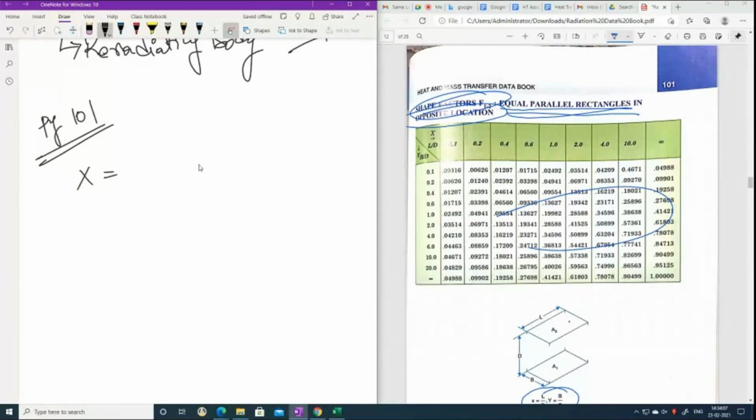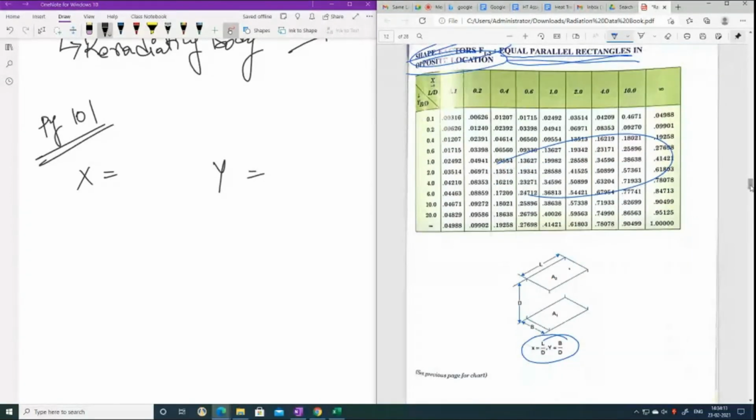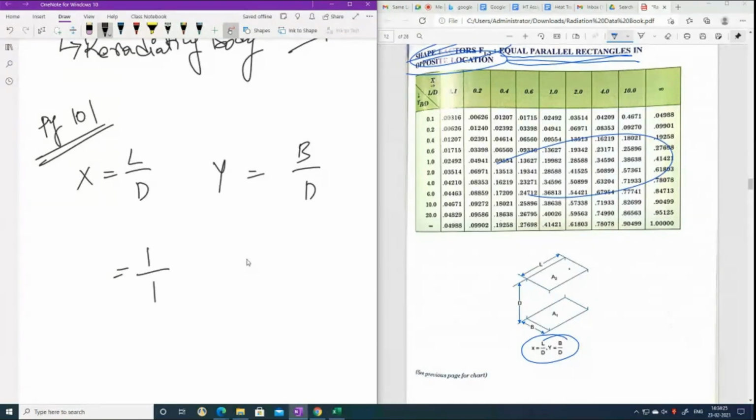The x value and y value are L by D and y is B by D. In our case, it is 1 by 1 because a square is given to us in this question. So simply put, x is equal to 1, y is equal to 1.